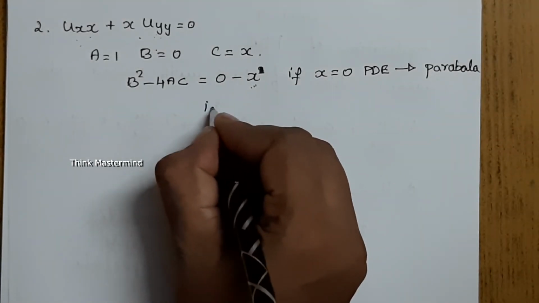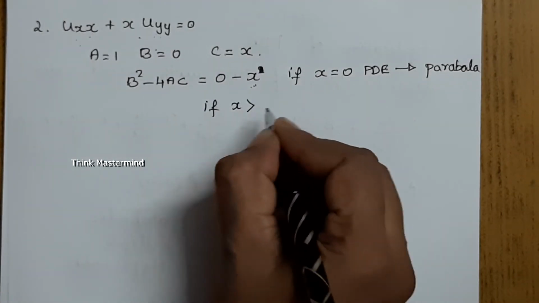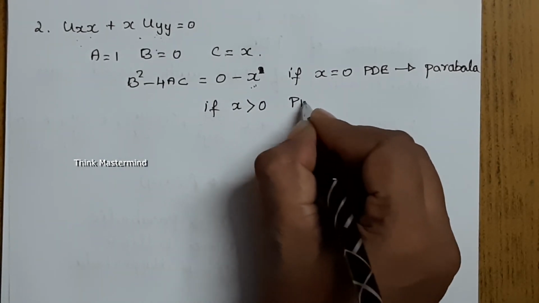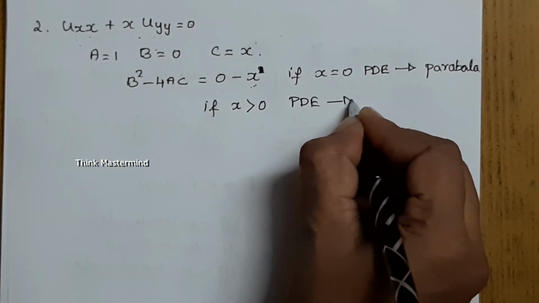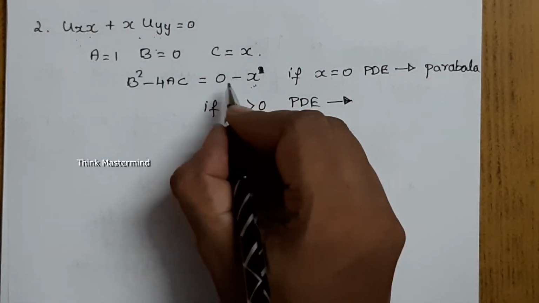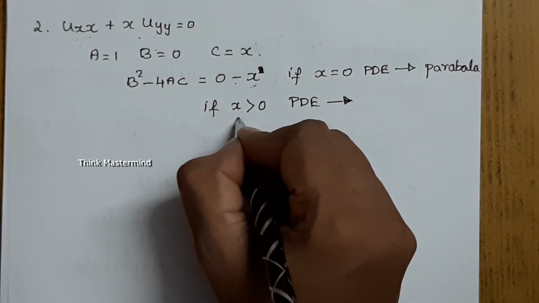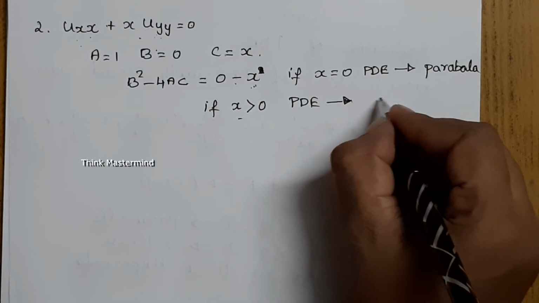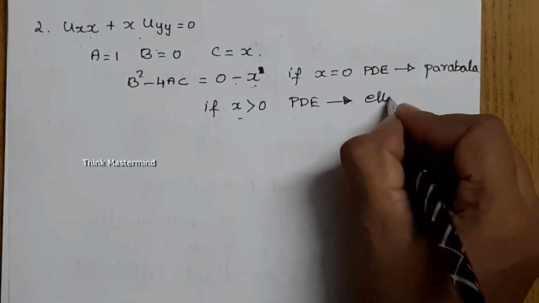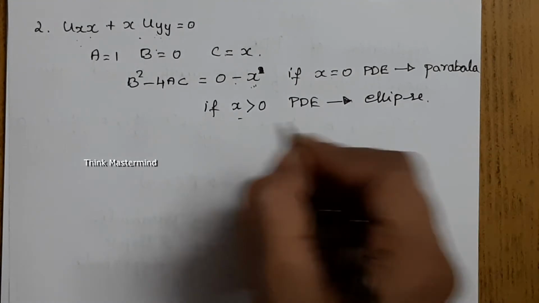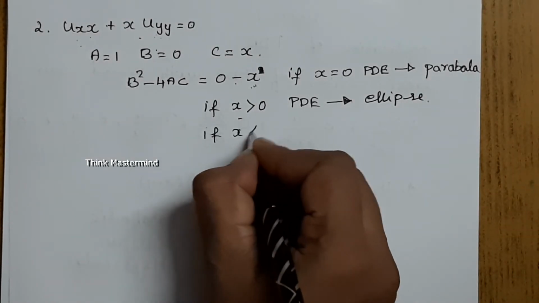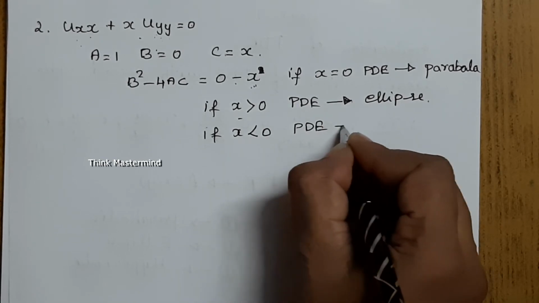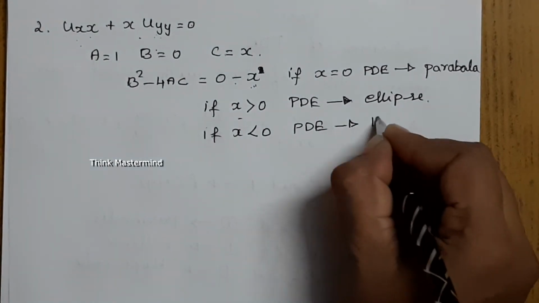Similarly, if x is greater than 0, that is x takes a positive value, then b² − 4ac is less than 0, since it is a negative sign into a positive, so you are getting a negative value, therefore it represents an ellipse.